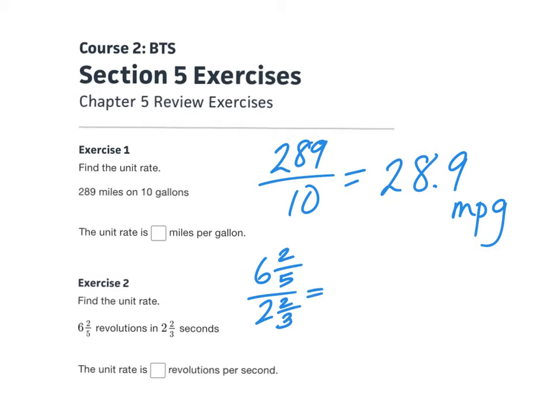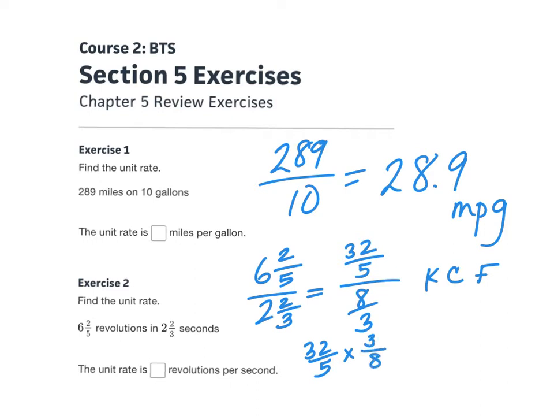So I'm going to have 32/5 divided by 8/3. When we divide fractions, remember we do keep, change, flip. So I'm going to keep my dividend, 32/5, and change to multiplication, and then flip to the reciprocal of my divisor, so 3/8.